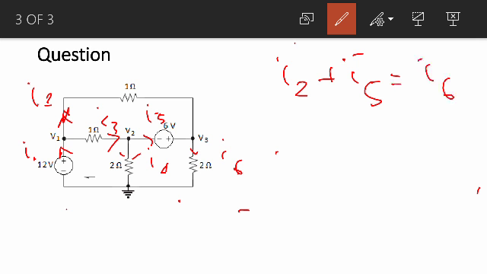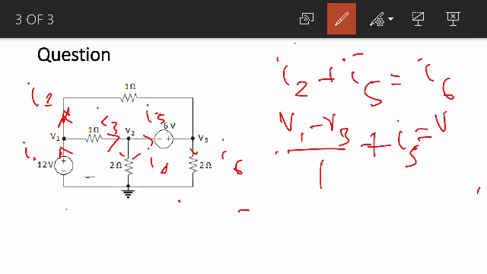Now, representing it in terms of voltage, your I2 there would be V1 minus V3 all over 1. The resistor there is 1. I5 is not passing through any resistor, so we can't represent it in terms of voltage. We leave it like that, equal to your I6. Now, your I6 is V3 over 2, passing through a resistor of 2 ohms, and from V3 to the reference node. So that is going to be V3 divided by 2.